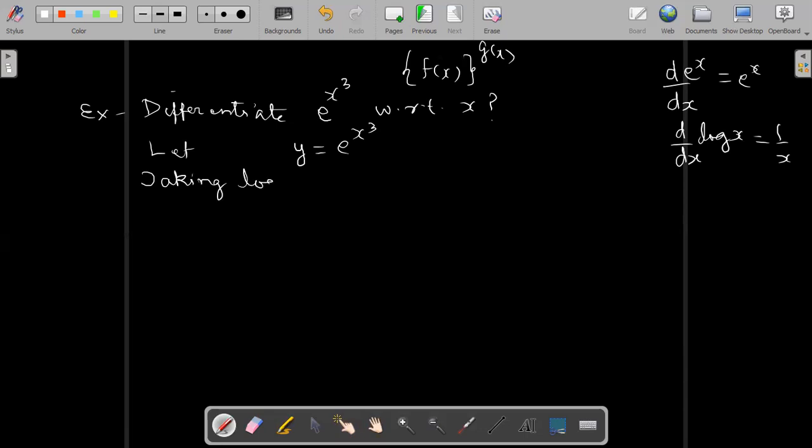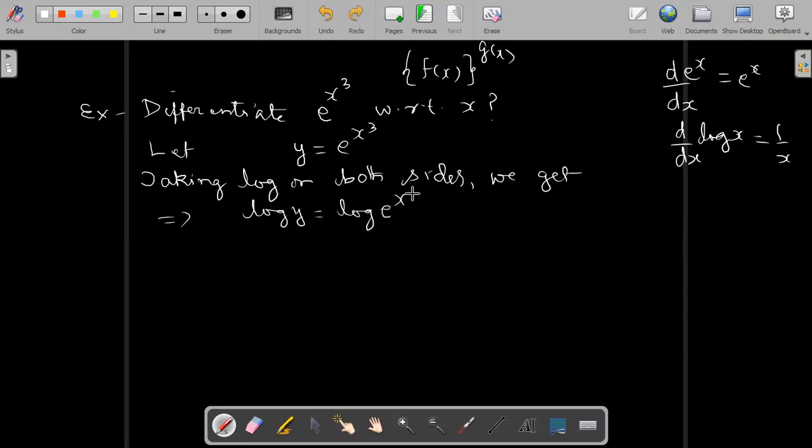Taking log on both sides, right side, left side, we can take anything. The same operations can be applied on both sides. So we are applying log on both sides. On the left side, we will get log y, and on the right side, log e to the power x cube.